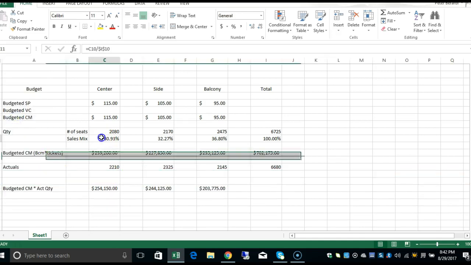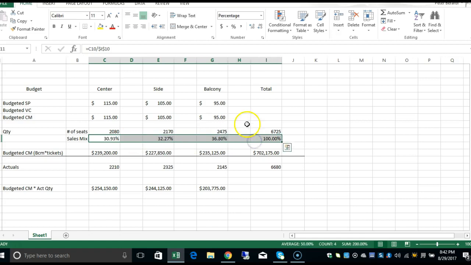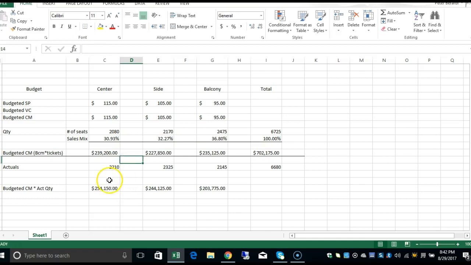Now, we're going to take these sales mix percents as well, because the problem asks us to solve that.